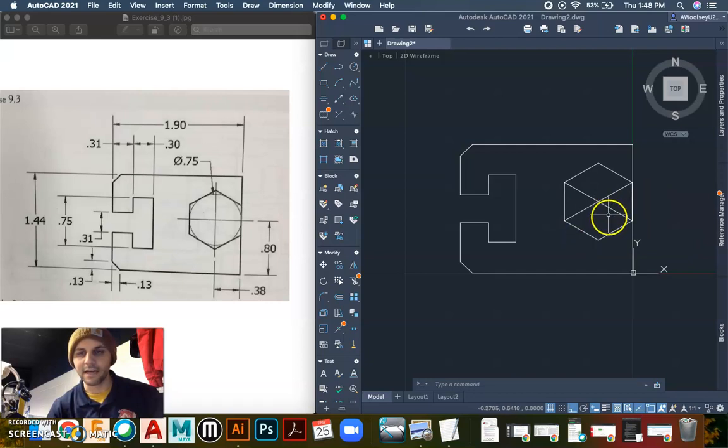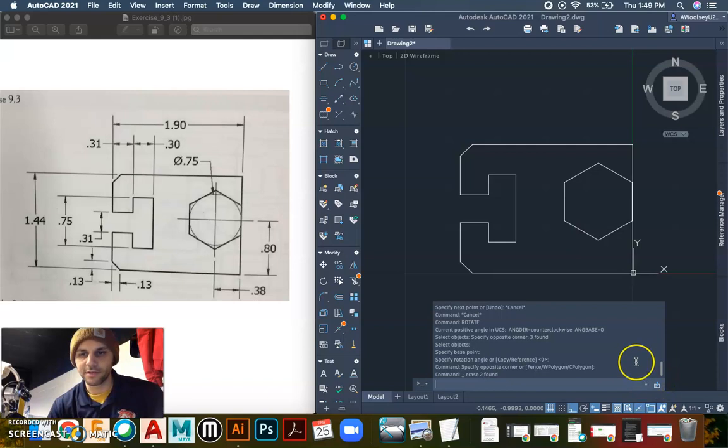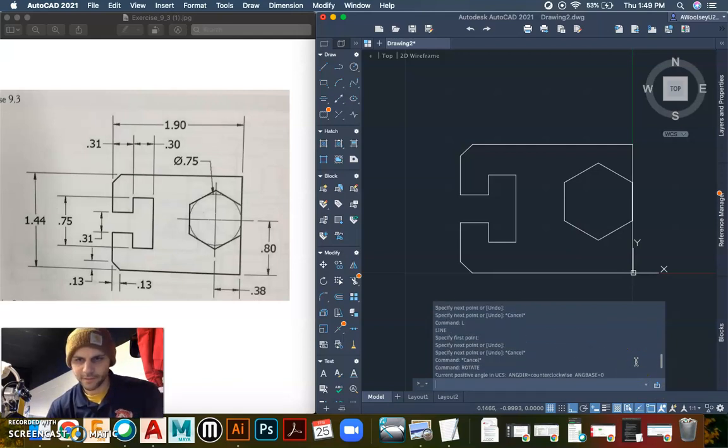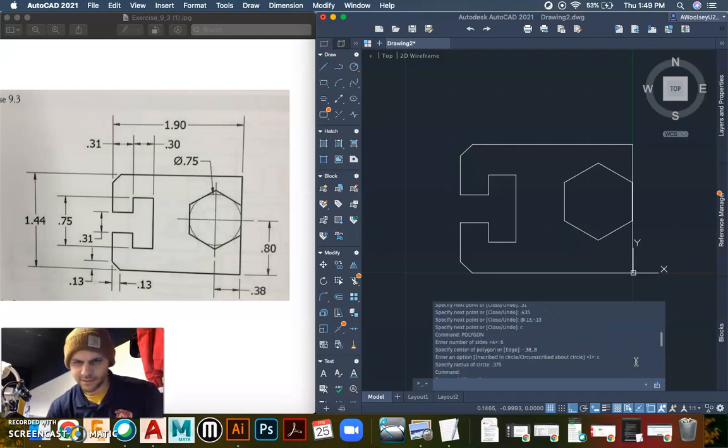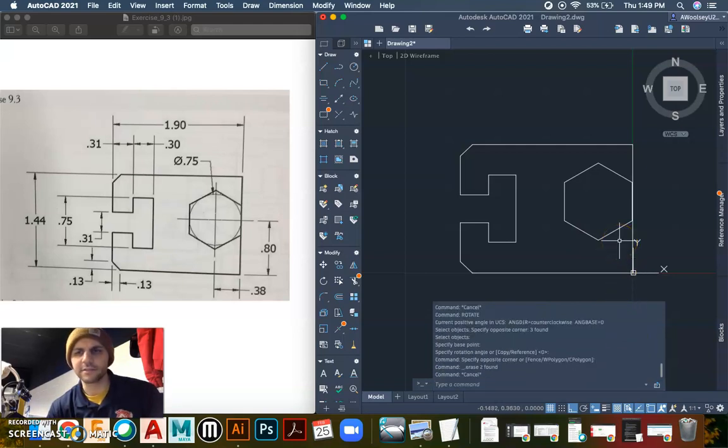I will end up deleting that, and I'll end up with the final drawing where this hexagon is built into the corner. That brings us to the end of this drawing. I'm just looking at something to make sure I didn't make a mistake here. No, I think I did all right.